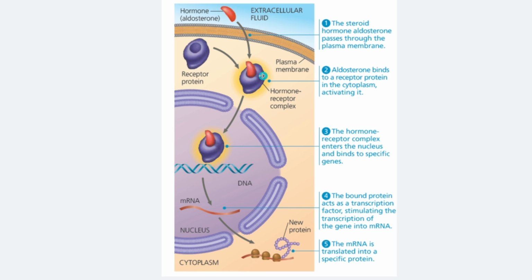Once it enters the cell, it will bind to the receptor protein in the cytoplasm and form a complex we call the hormone receptor complex. This hormone receptor complex will enter the nucleus of the cell and bind to a specific section of DNA, a specific gene.